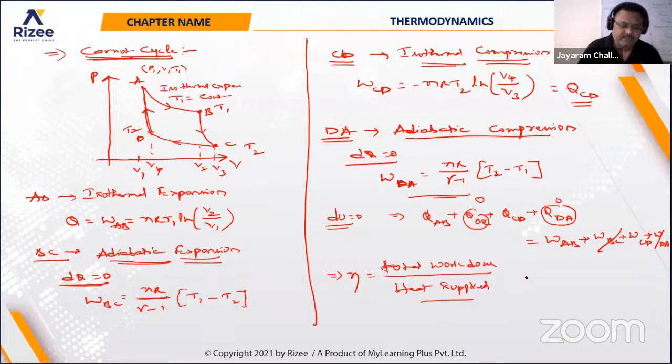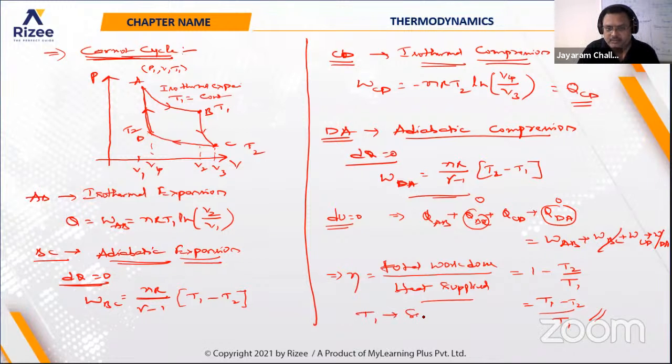The efficiency can be written simply as 1 minus T2 by T1, or as I have written earlier, T1 minus T2 by T1. This is the efficiency formula, where T1, when you relate it to the heat engine, is your source temperature, and T2 is called the sink temperature.